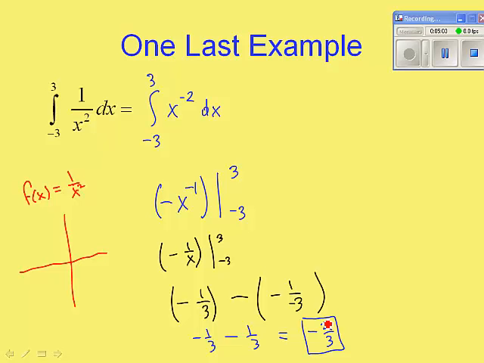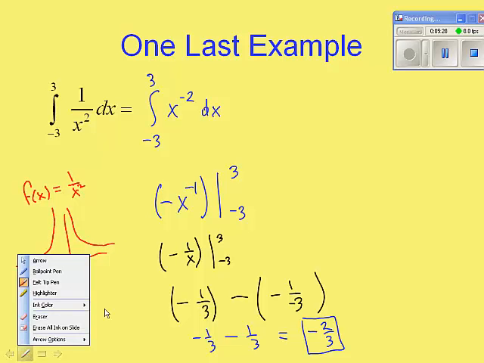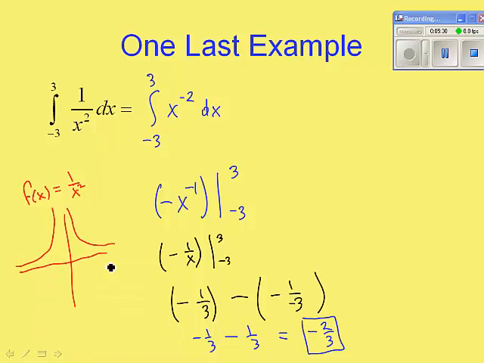But Mike actually hit upon the problem here. This function is not continuous somewhere. Where is it not continuous? It's not continuous at 0. If you were to graph this function, the graph looks kind of like this. And at 0, you know what you have? It's called an asymptote. That's right.